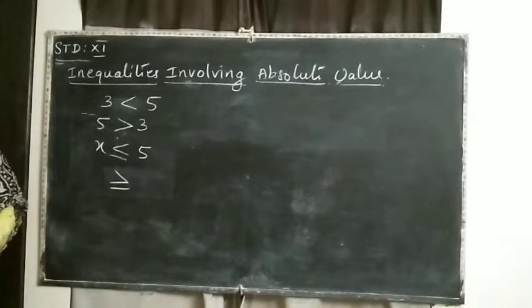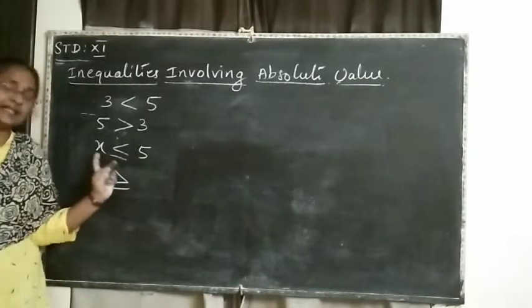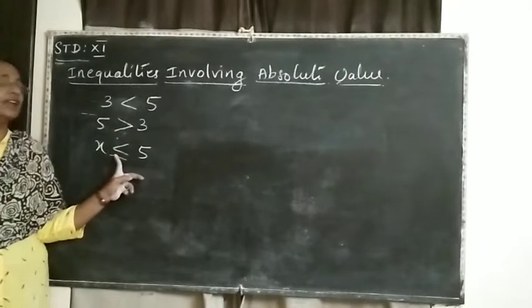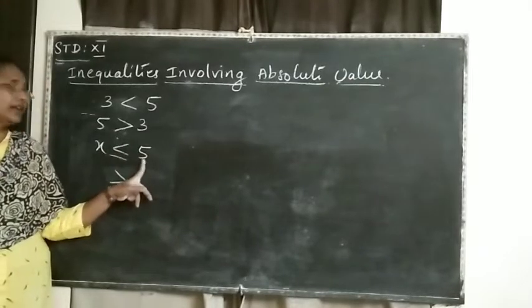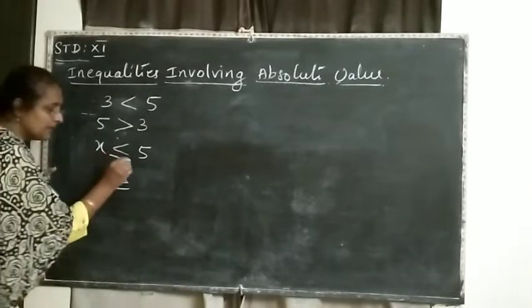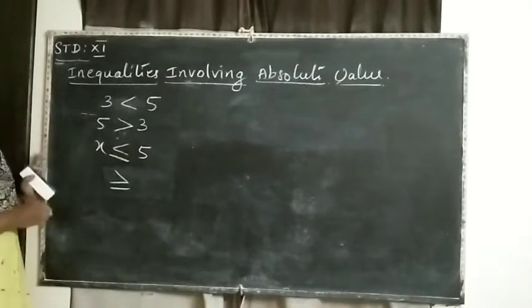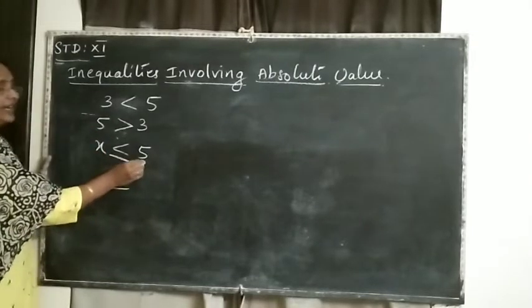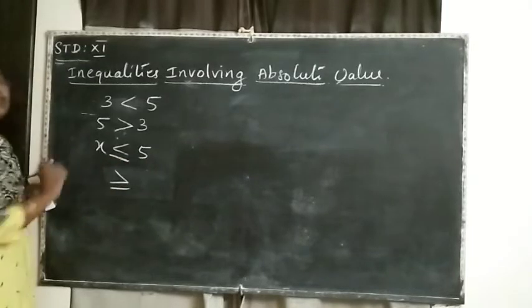x is less than or equal to 5. So what does this mean? அப்போ x பார்த்து இருக்கிறது எப்படி இருக்கு, குறுகி இருக்கு. அப்போ 5 தான் பெரிய நம்பர். Less than or equal to அப்படின்னா இந்த x ஓட நம்பர்ஸ் எல்லாம் 5ஆவும் இருக்கலாம், 5 விட சின்னதாகவும் இருக்கலாம்.